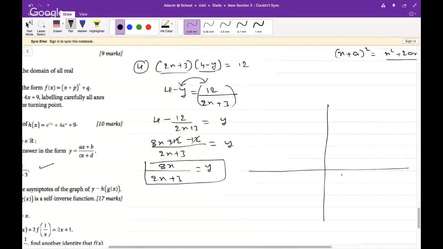So let us figure out the vertical asymptote and horizontal asymptote first. The vertical asymptote is when the denominator is 0. So the denominator is 0 at minus 3 by 2. Minus 3 by 2 is 1.5 somewhere here, a straight line.